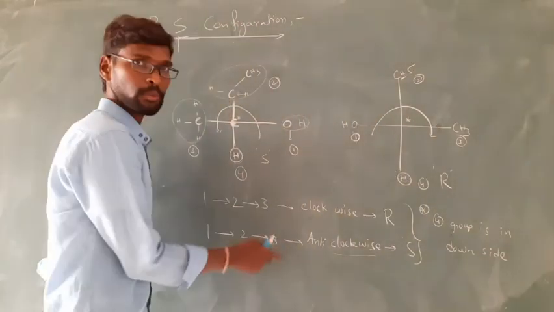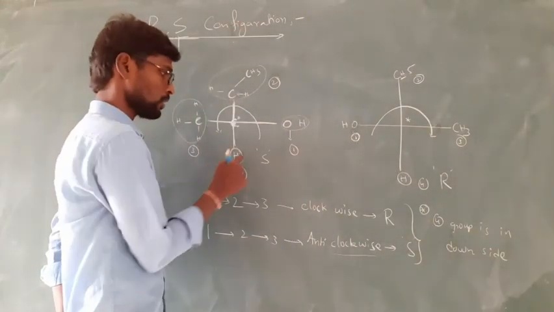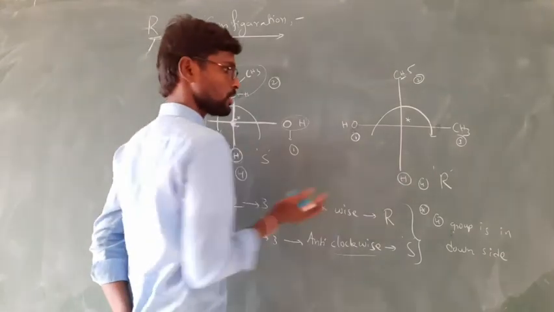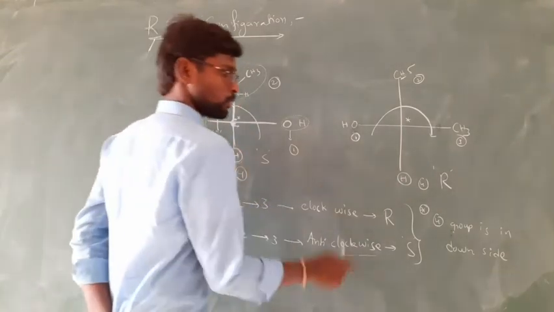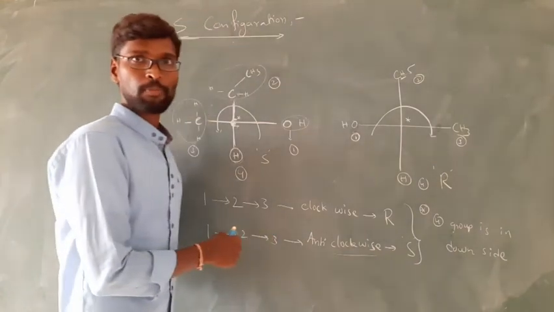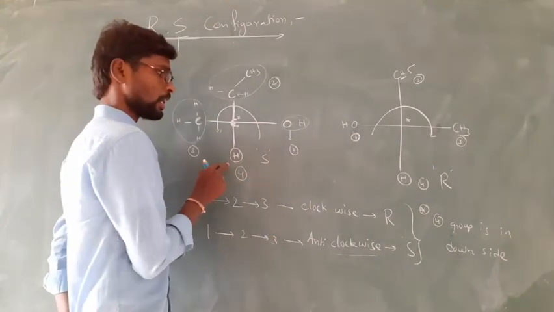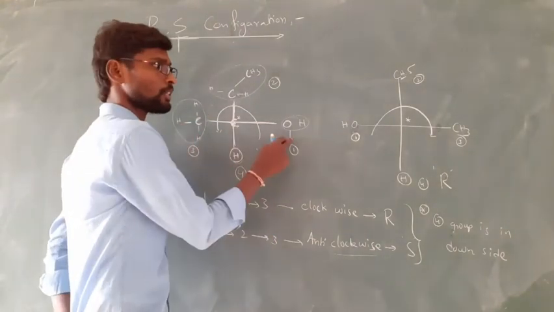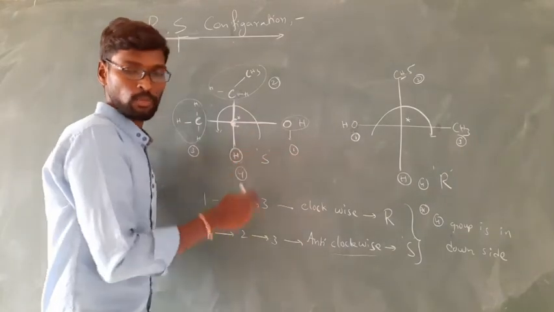Right, these two are applicable when the hydrogen, or fourth priority group, is on the downside. So then only these two are applicable. Now if the hydrogen is on the right side or left side, what will happen? That we will discuss now.